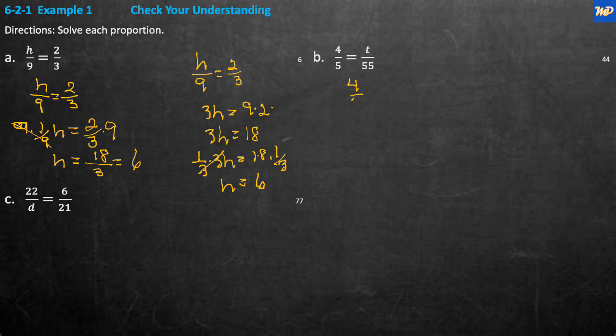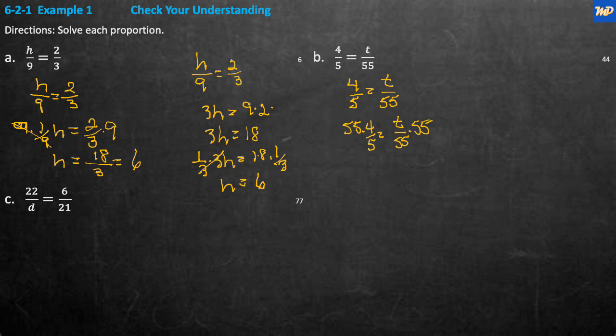So for the next one, let's try this: 4/5 equals t divided by 55. To solve this with method 1, we're going to multiply both sides by 55. So 55 times 4/5 is equal to t divided by 55 times 55.